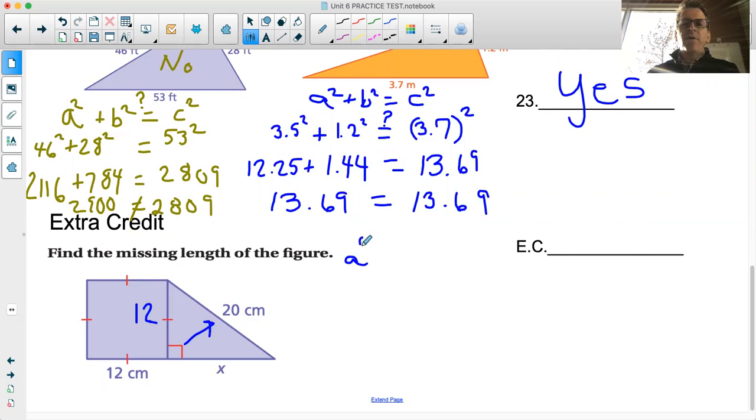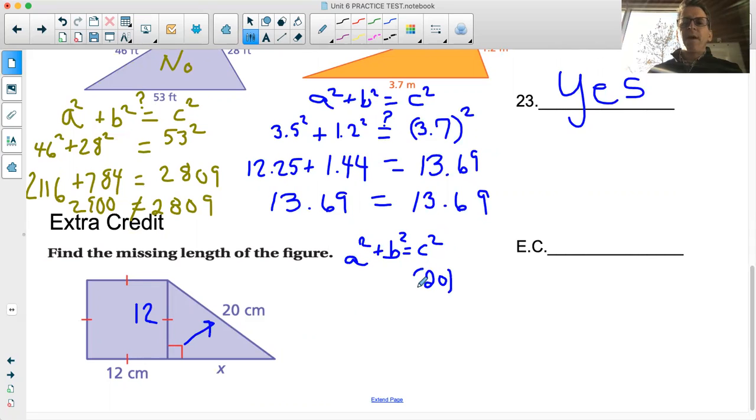So the Pythagorean theorem is what this question is all about, identifying first that we have a height of the triangle at 12. a squared plus b squared is equal to c squared. As you can see here, the height is 12, and the hypotenuse is 20, so that c is 20.